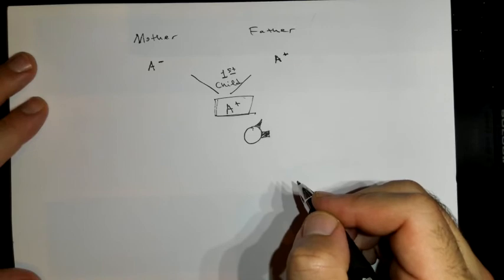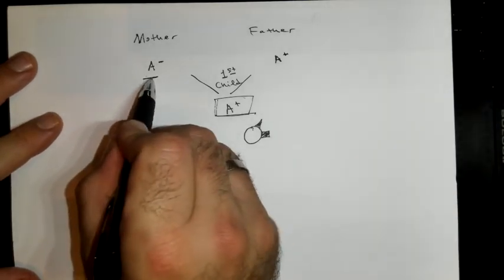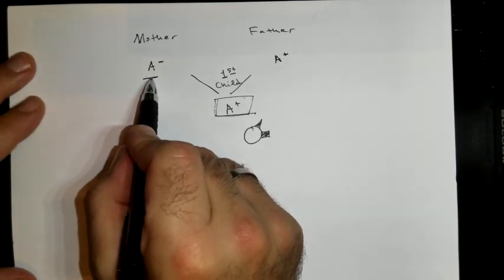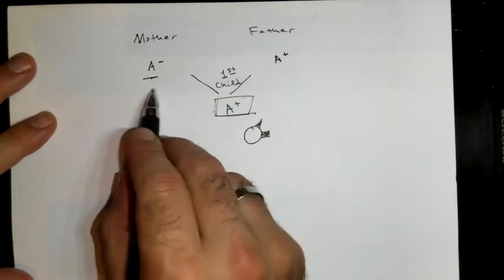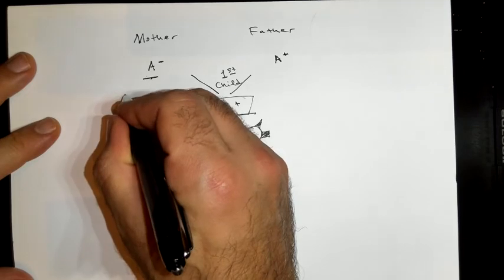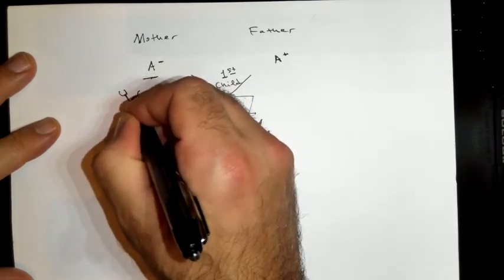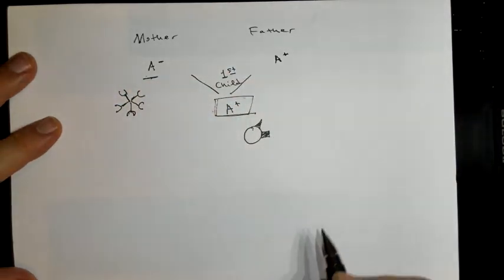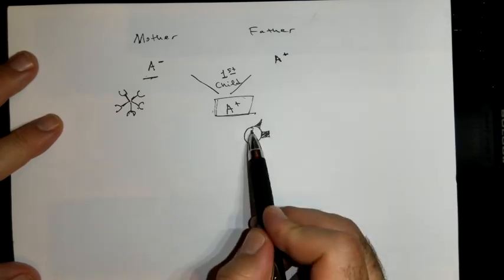And that the mother, let's just assume for this discussion that she has not made the Rh antibody yet. And so right now, currently, during this pregnancy, all she has is the anti-B antibody for now. Right, so that's her plasma. And this is the child's RBC.